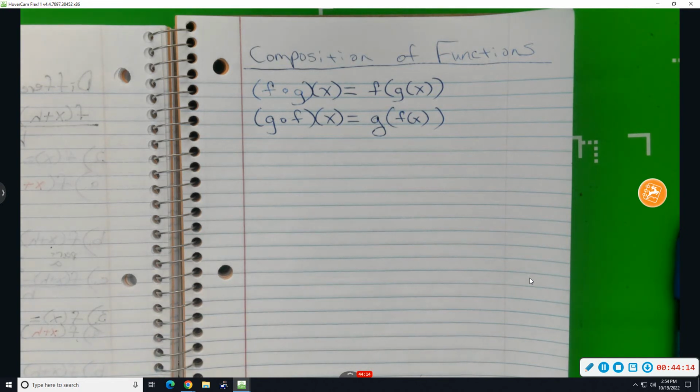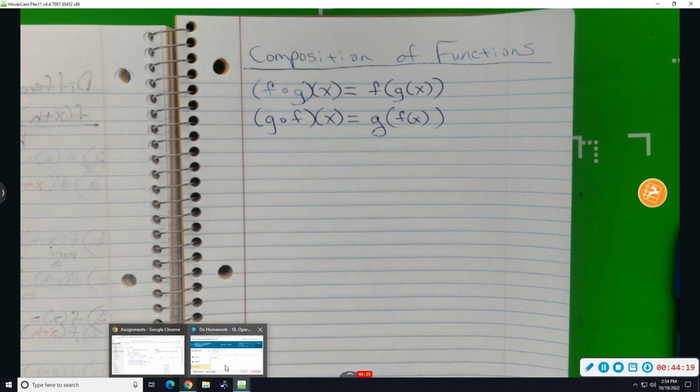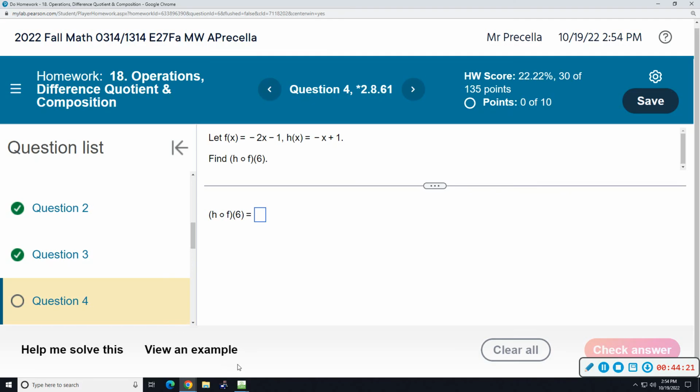Let's look at number 4. We're getting some shorter problems here, so if you're thinking, oh, these problems are taking so long, well, we're going to get some shorter ones now. F of x is equal to negative 2x minus 1, and h of x.